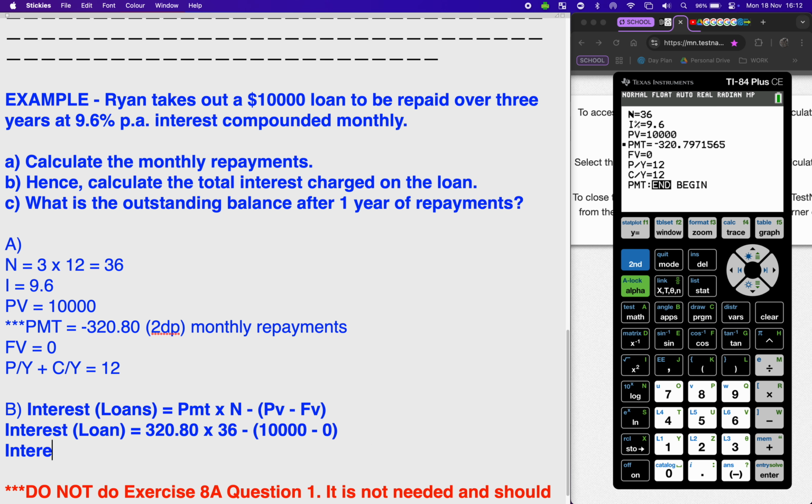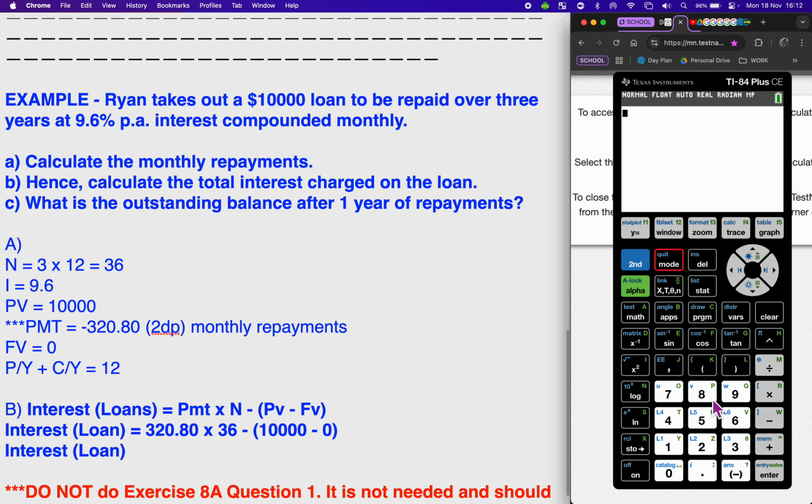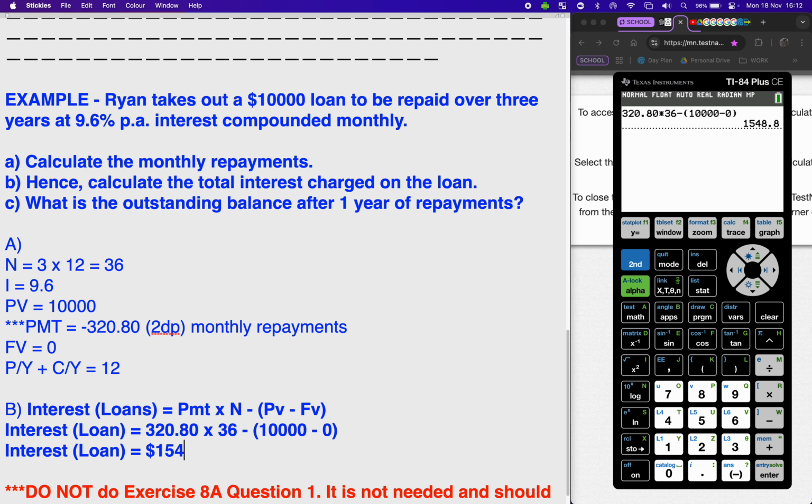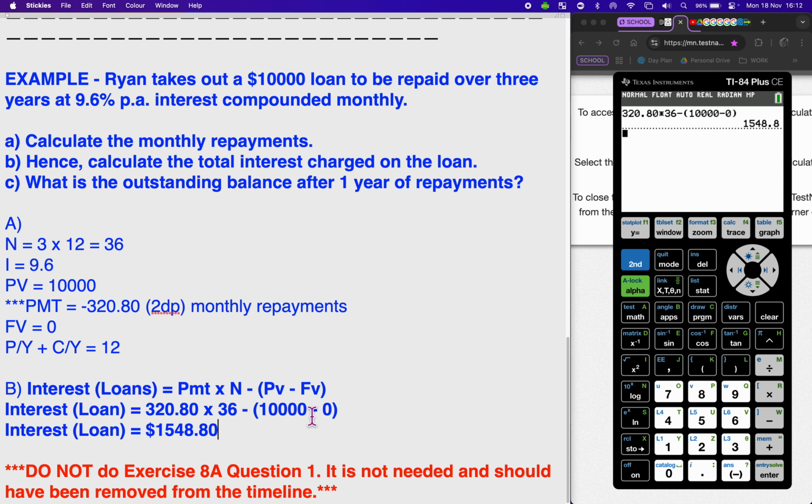Okay, so interest on the loan equals, second quit on the calculator, $320.80 times by 36, take away 10,000, take nothing, $1,548.80 of interest you paid off. Interest charged on the loan.